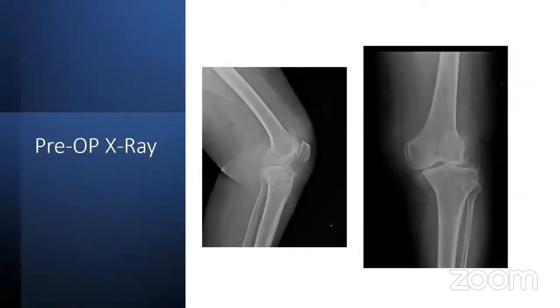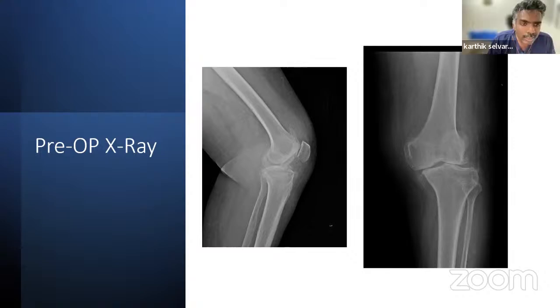This was the preoperative X-ray, which shows significant lateral subluxation of the knee, about 16 degrees of varus deformity, and significant patellofemoral OA. Not much posterior osteophytes were noted on the pre-op X-ray. Have you got the scanogram? Yes, it's at the end as a comparison between pre-op and post-op.